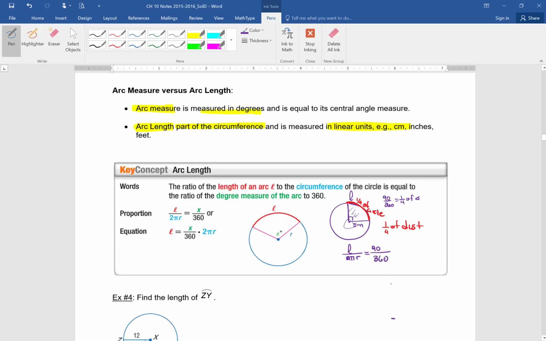You see what I mean? So that is an equation. It's a proportion. The ratio of L to the entire circumference is the same as the ratio of X to the full 360. Okay? All right. Let's move on to the next one and use that in an example.